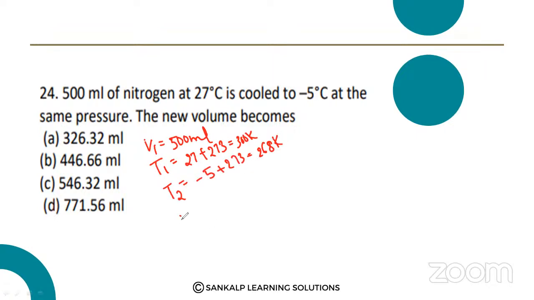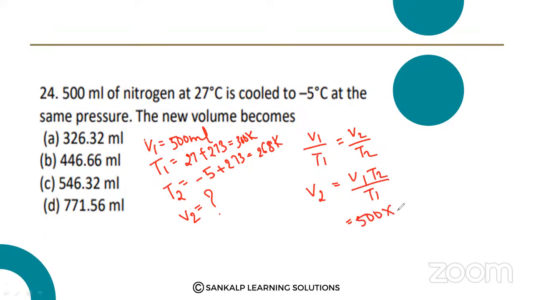Then what is the volume? V2 we have to find. So it is V1 by T1 equals V2 by T2. We want to find V2, so V2 equals V1 T2 by T1. Substitute and see what you get. 500 is V1, T2 is 268, divided by T1, which is 300.